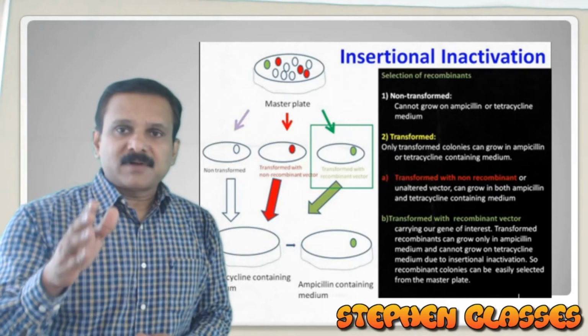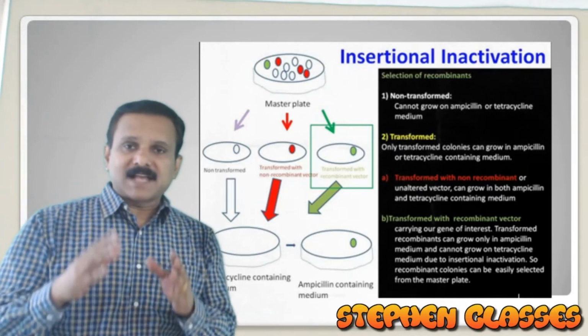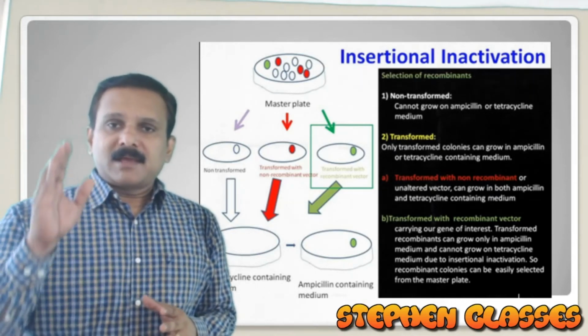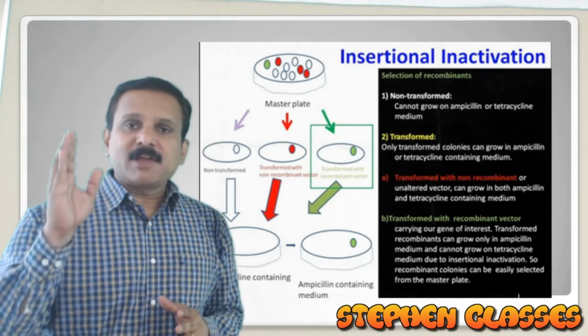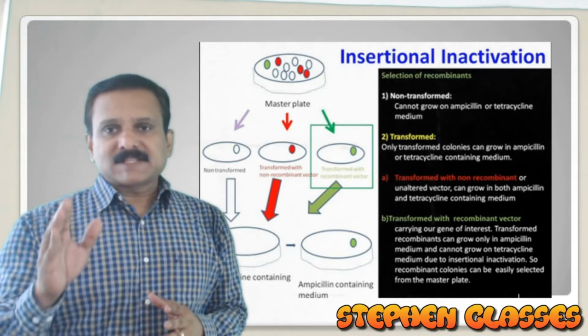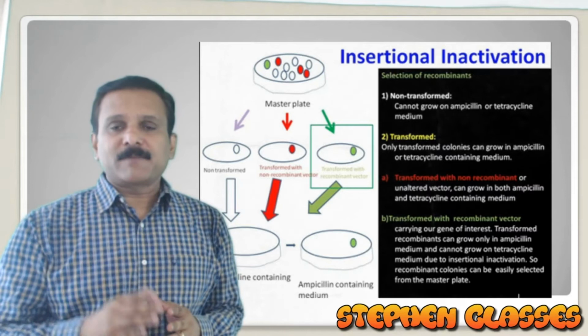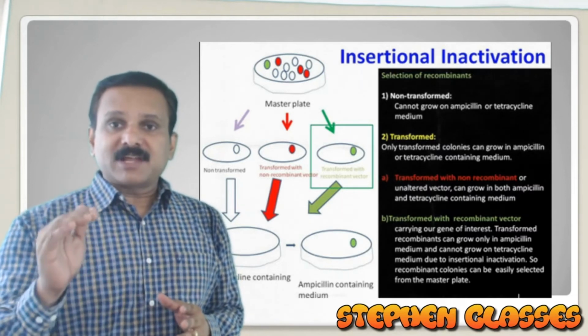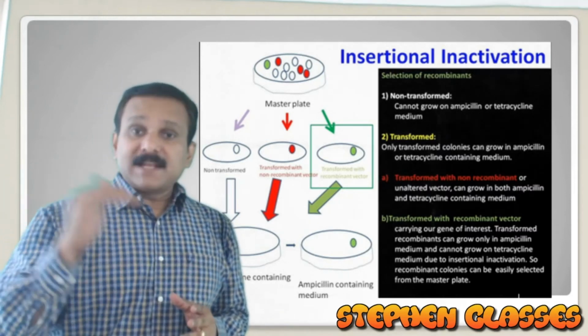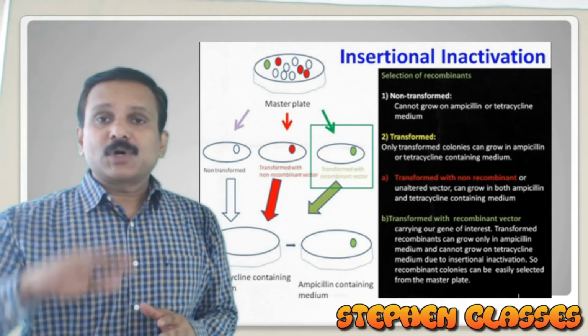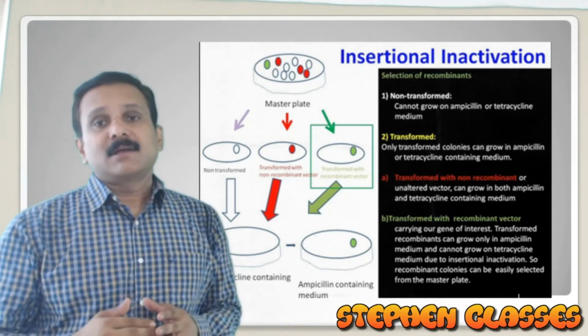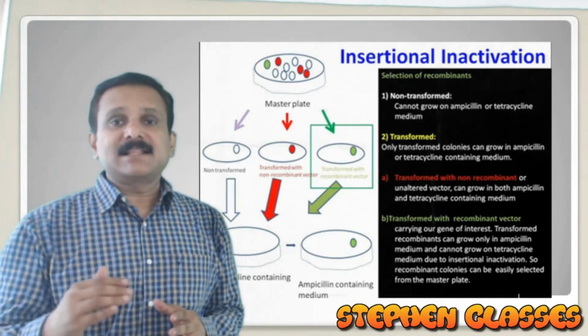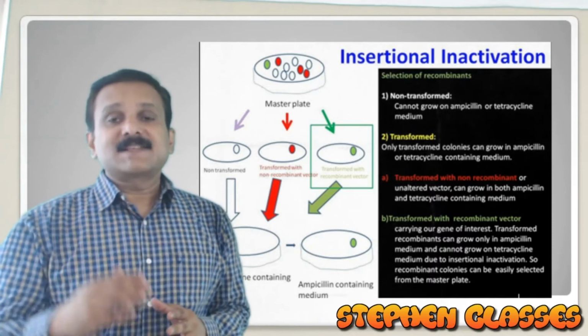In the case of insertional inactivation, as I told you, there will be inactivation of the antibiotic resistant site. In the case of pBR322, as you know, the BamHI region, to that region the insert is happening. BamHI is a cloning site present in the tetracycline resistance sequence.